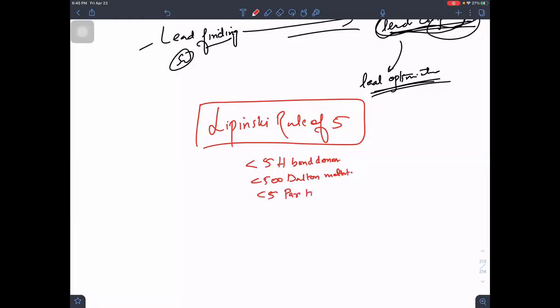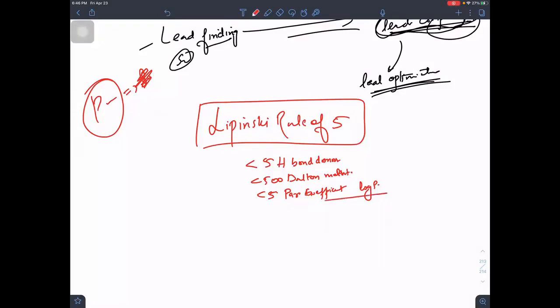What is the partition coefficient of log P? I have taught you. It is telling me about the Henderson-Hasselbalch law, lipid solubility, isn't it? So less than 5 partition coefficient, log of P. What is this log of P telling?